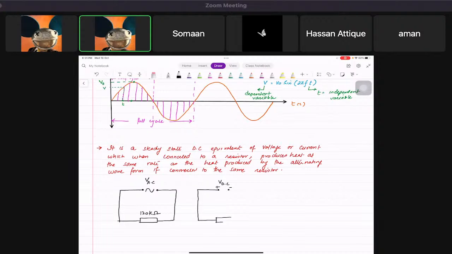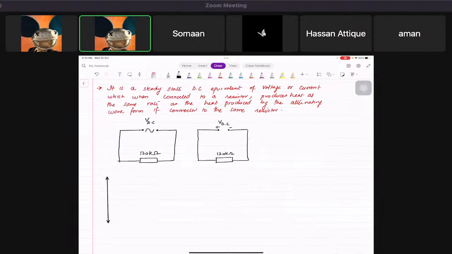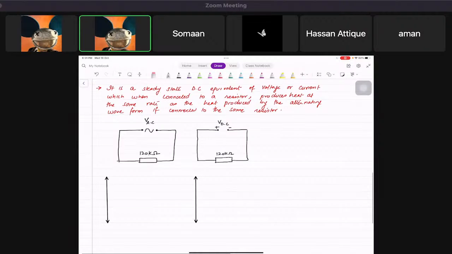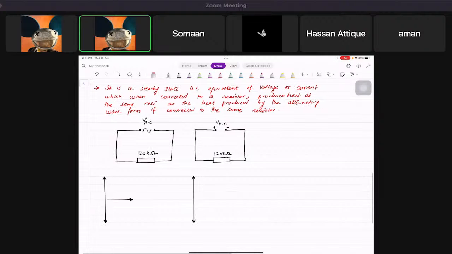Now the issue with this is that if I draw the curve of the voltage supplied to this, what you guys need to understand is that DC means that if the voltage was 220, this was 220 volts.